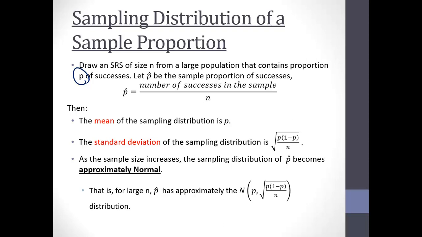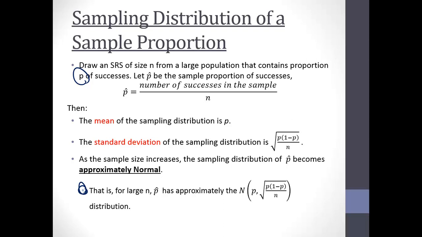If we have a large enough sample, using the same idea as before, the sampling distribution will become approximately normal. So this is your key takeaway: when your sample size is large enough, the sampling distribution of p hat will be approximately normal with mean p and standard deviation square root of p times 1 minus p over n.